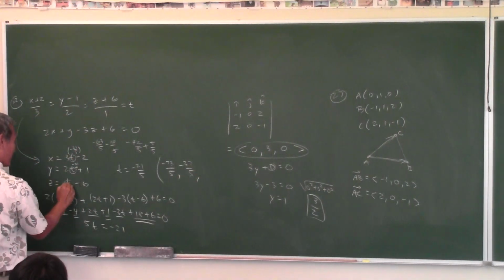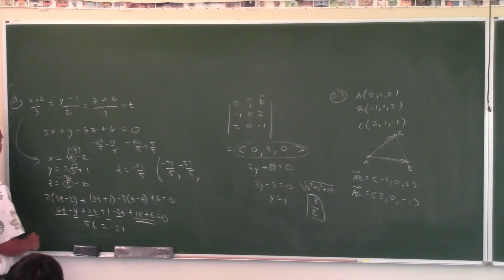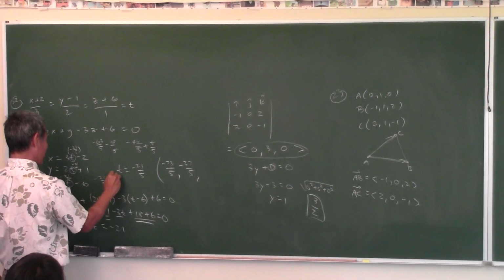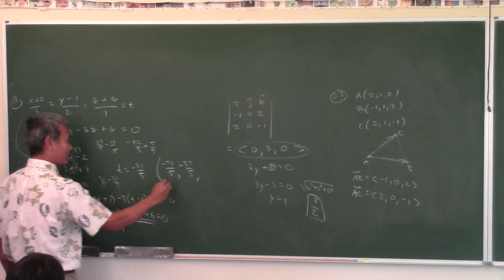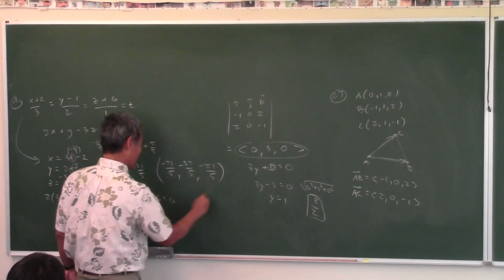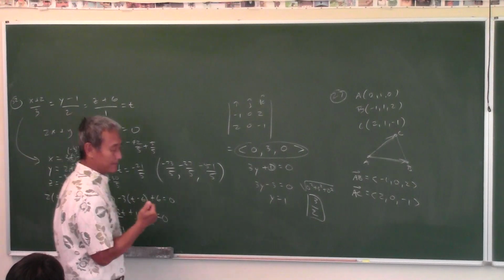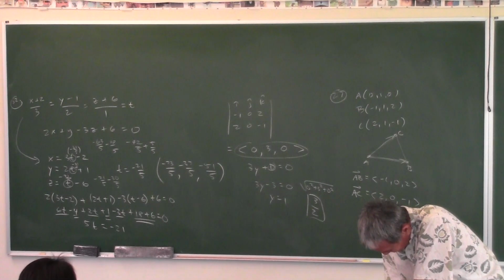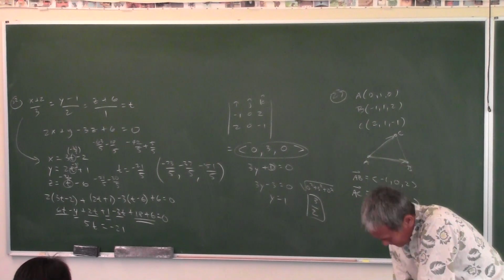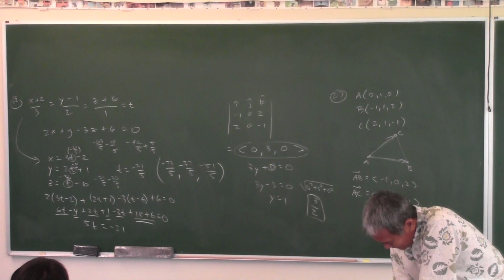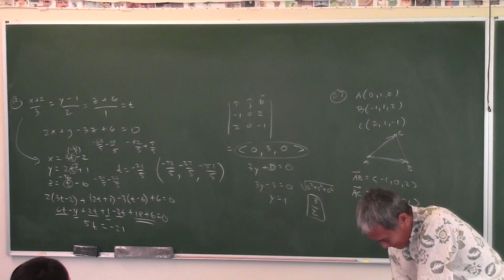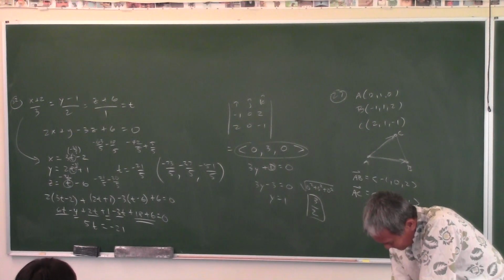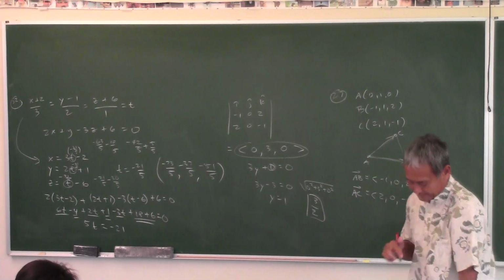And right here, negative 21 fifths minus 30 fifths, negative 51 fifths. So negative 73 fifths, negative 37 fifths, negative 51 fifths. That's a good one for my actual answer.